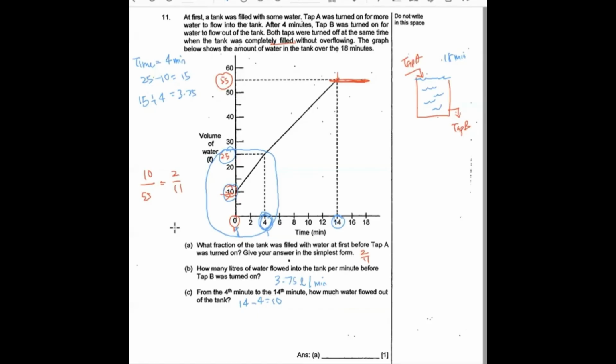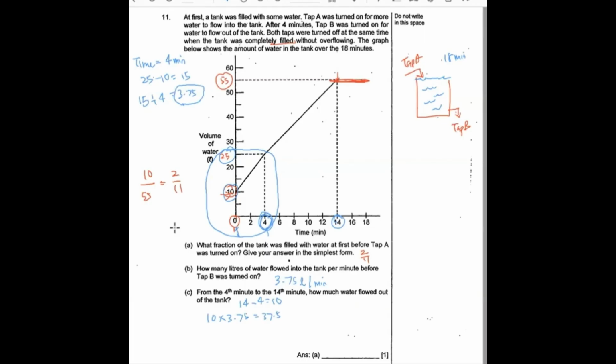In that 10 minutes, how much water flow into the tank from tap A? We calculated earlier that every minute tap A flows in 3.75. For 10 minutes, tap A would have flowed in 3.75 liters multiplied by 10, 37.5 liters of water goes into a tank from tap A.